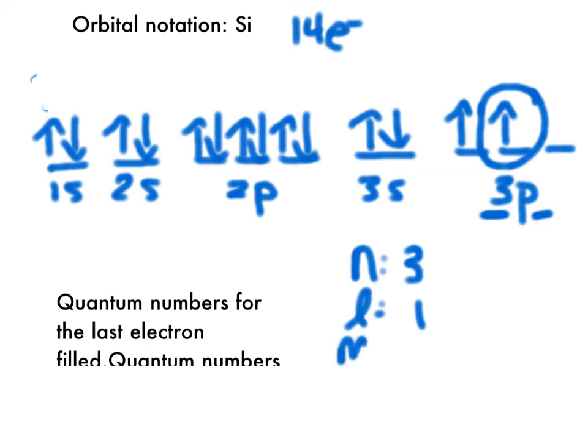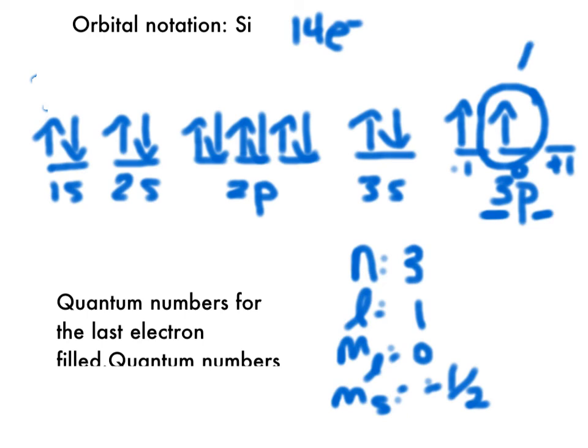M sub L comes from the values of the actual orbitals. So this would be 0, -1, +1. So this is in the 0 orbital. And then M sub S is going to be +1/2 because the arrow is pointing up. So that's our 4 quantum numbers for the orbital notation.